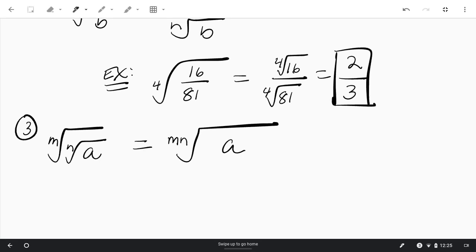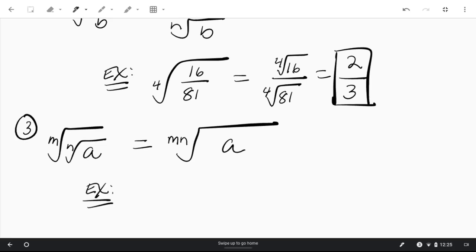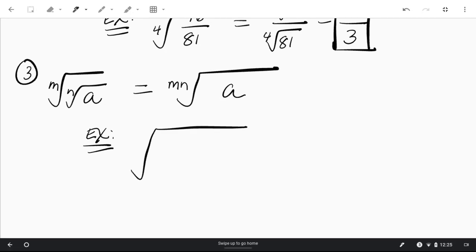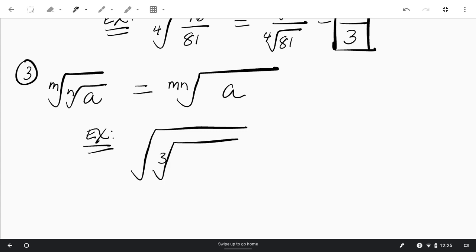For example, suppose that I have this one here. Suppose I'm taking the square root of a cube root. Taking the square root of this cube root of 729.